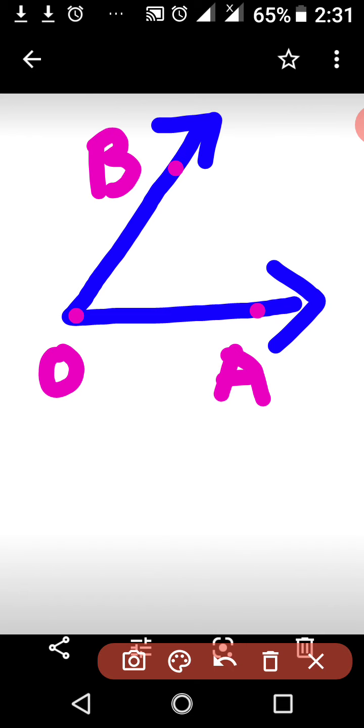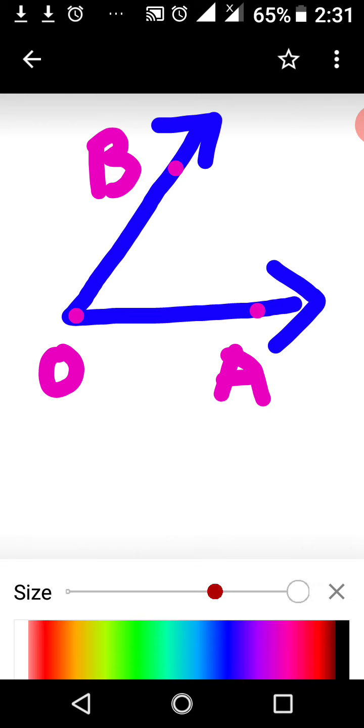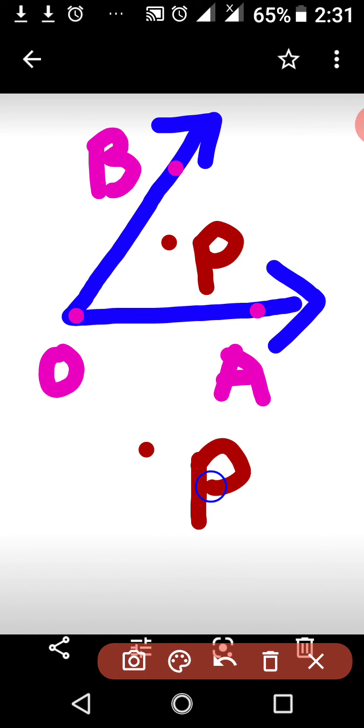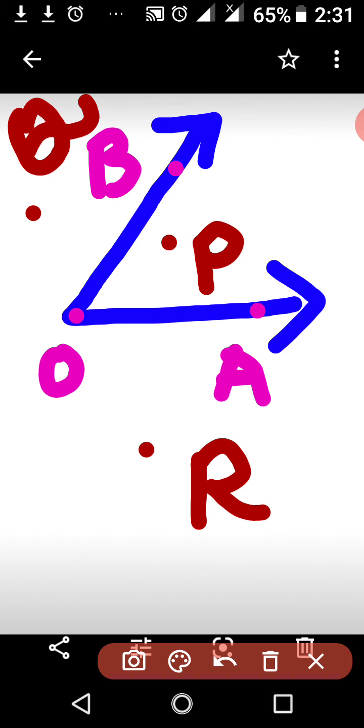We observe that all points in the plane of AOB can be divided into three groups. Because I am taking here some more points. This is P, and this is R, and this is Q. Like this I am taking three more points. Already angle is a set of points.